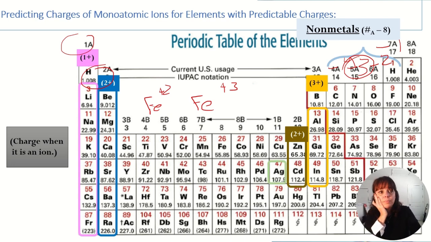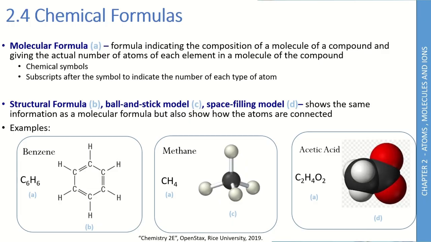So let's go to the chemical formulas. A molecular formula indicates the composition of a molecule, of a compound, giving the actual number of atoms of each element in a molecule of the compound.